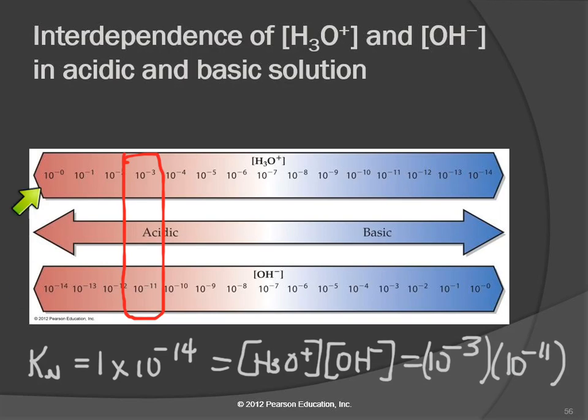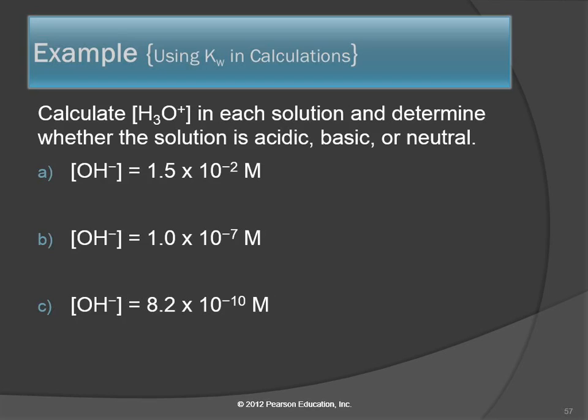You can do that with any of these combinations. They'll always multiply and give you 10 to the minus 14. When one goes up, the other goes down. So if we know the concentration of one of these ions, we can calculate the concentration of the other one because we have this equation that relates them.